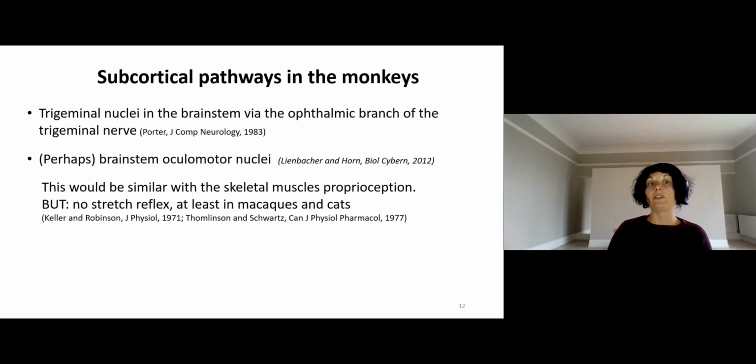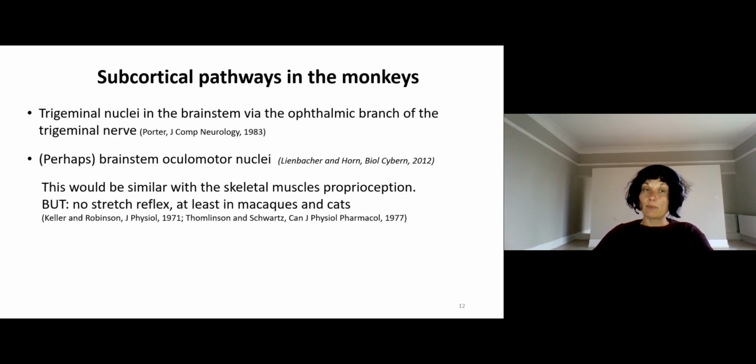Another area that is controversial is the subcortical pathways that the proprioceptive input from the extraocular muscles travels. Fiber tracking studies from the extraocular muscles have identified an ocular proprioceptive projection in the trigeminal nuclei via the ophthalmic branch of the trigeminal nerve.